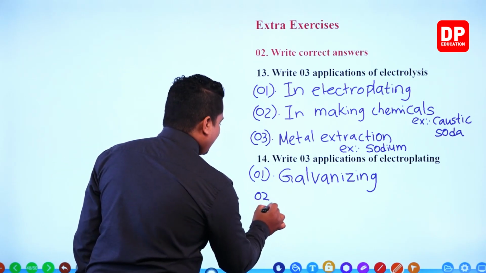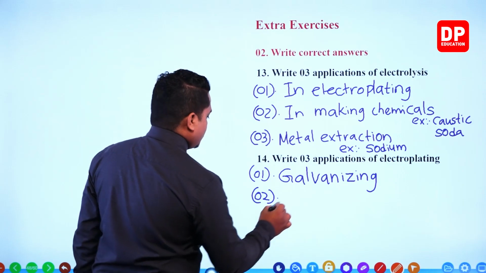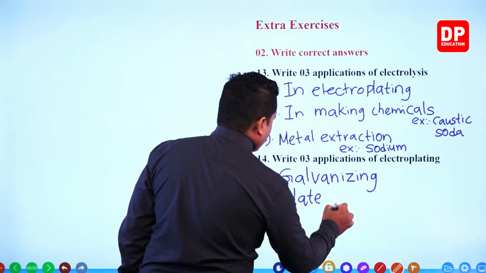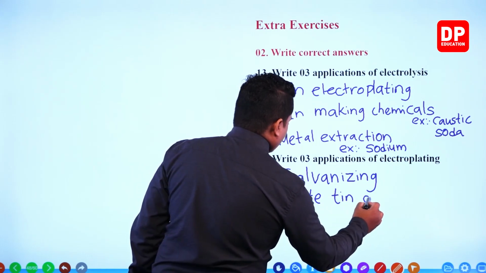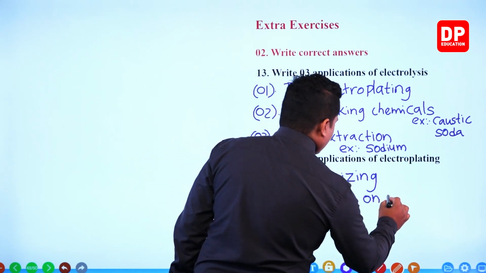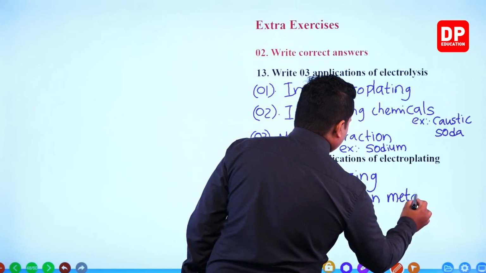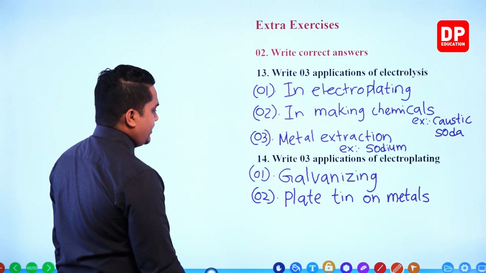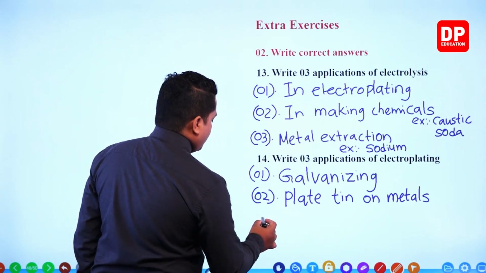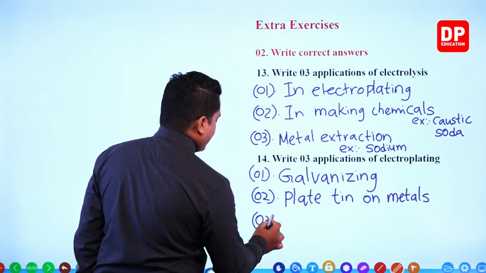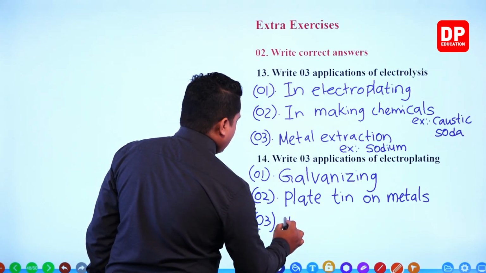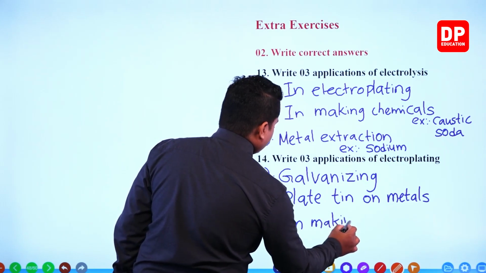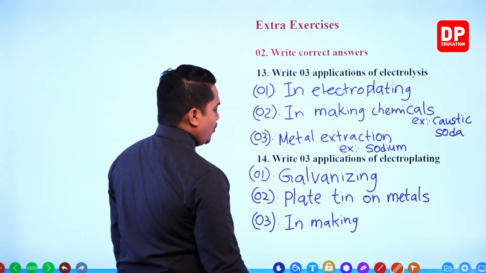Number 2, plate tin on metal. Plate tin on metals, right? Then number 3, in making ornaments.